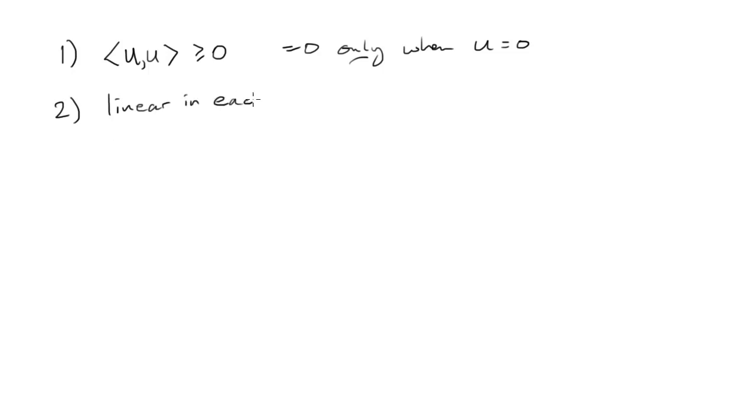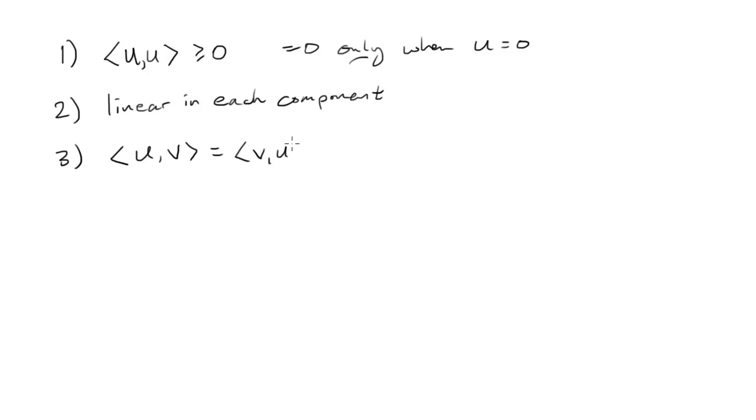Abstracting these, we go to the definition, and there's 3 pieces. One is that the inner product with itself is always positive, 0 only when U is 0. Two, linear in each component. Three, conjugate symmetry.